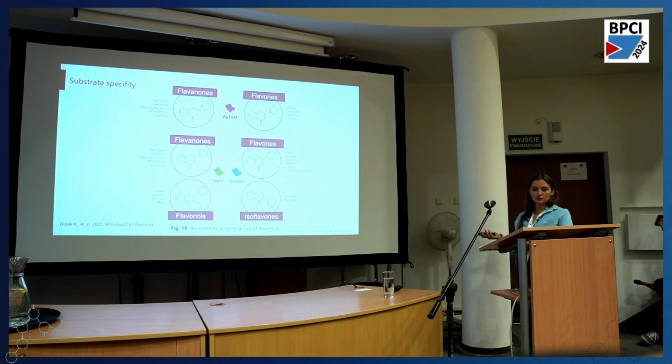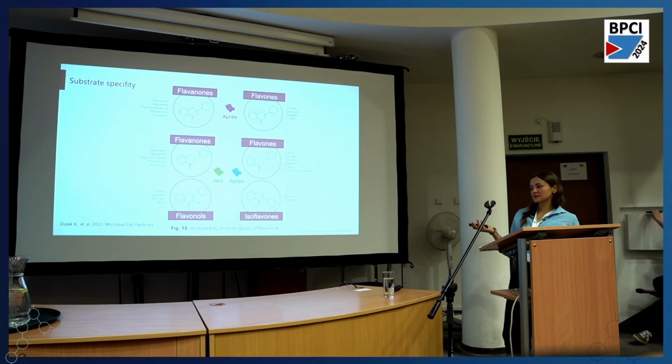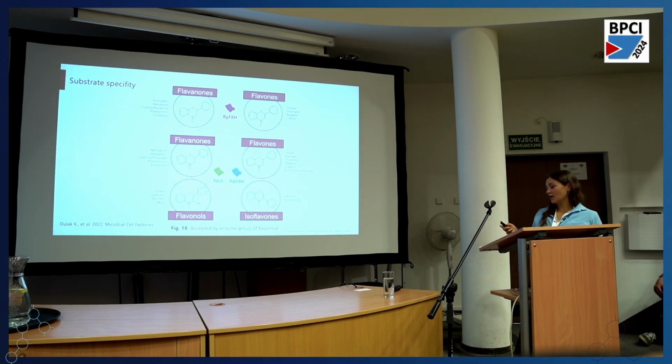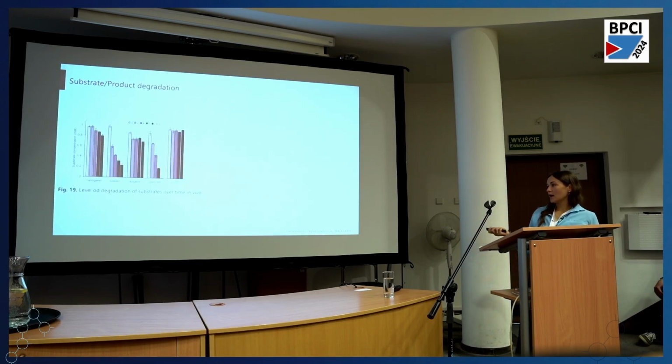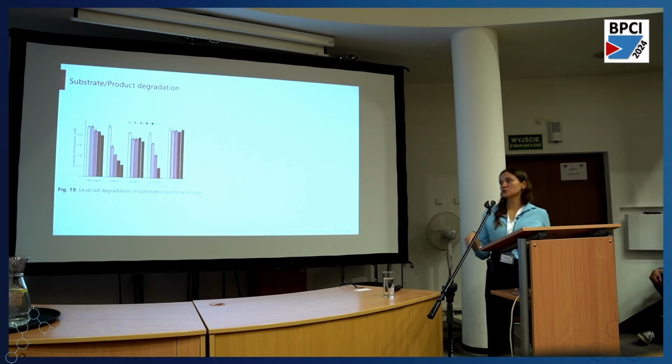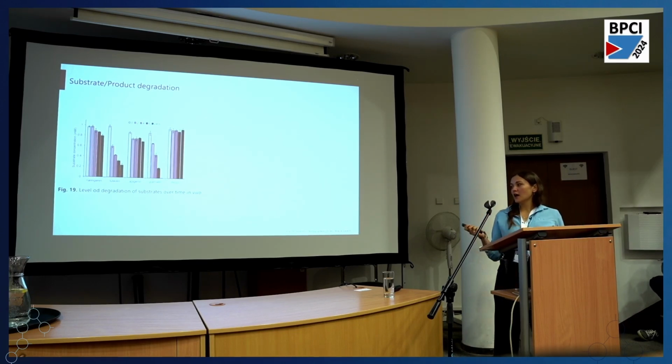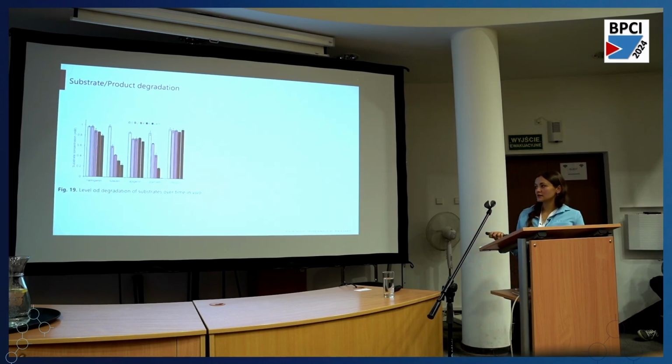So of course, we wanted to upscale that reaction. And then we noticed a problem with the stability of the product and also of the substrate. Even if we used only the bacterial cells without any plasmid, some of the substrate was degraded after 24 hours, especially quercetin.